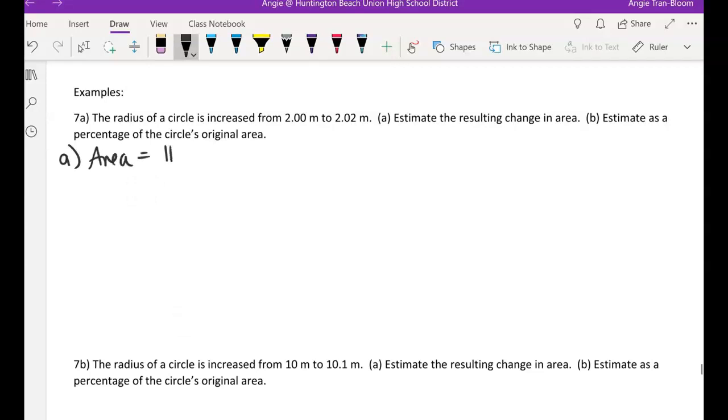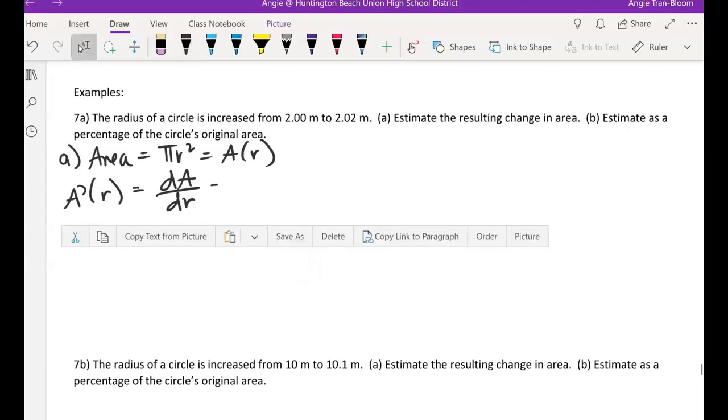Area equals pi r squared, and I'm going to rewrite this as A of r because I want to find the derivative with respect to r, which, as you know, is really dA over dr. Okay, dr is the change in radius, dA is the change in area. If you know those values, you know those meanings, then it's easy for us to find the change in area, which is dA.